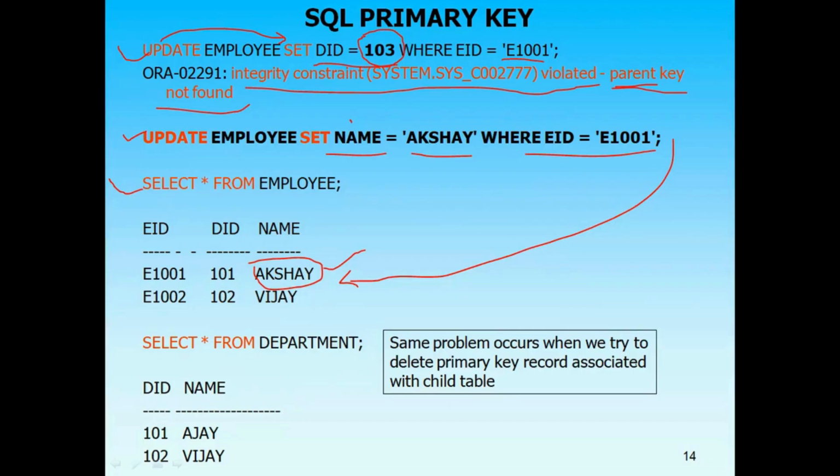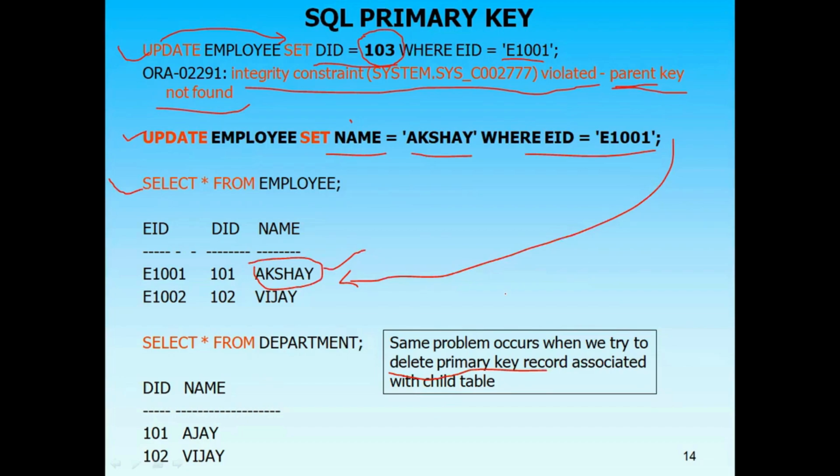Again, the same problem will occur when you try to delete the primary key record from the parent table. If some students are already associated with the primary key in the parent table, and you try to delete the records from the parent table, my constraint will be valid here and it will give you the error, right? Why?